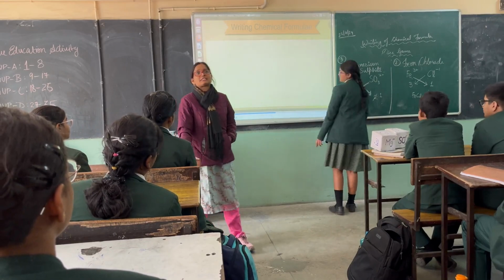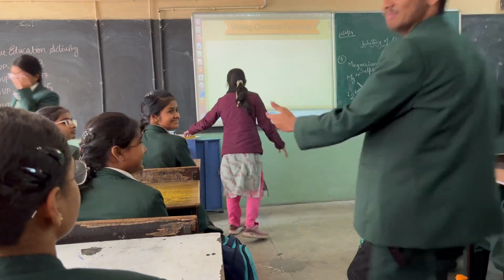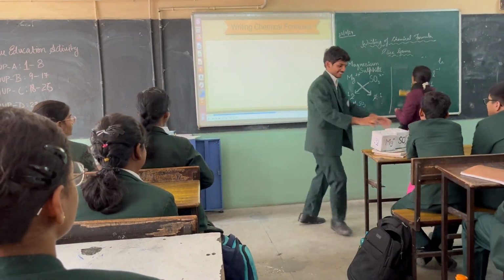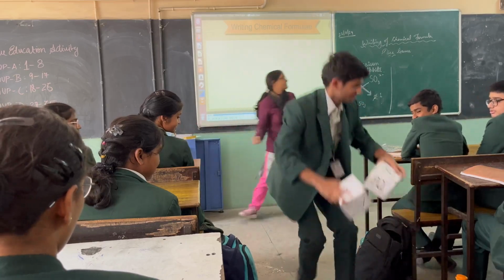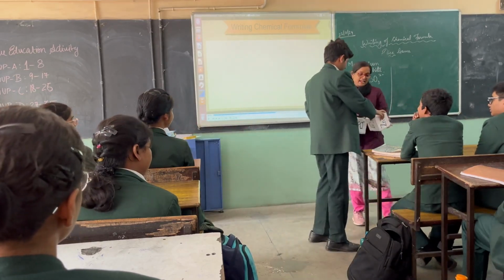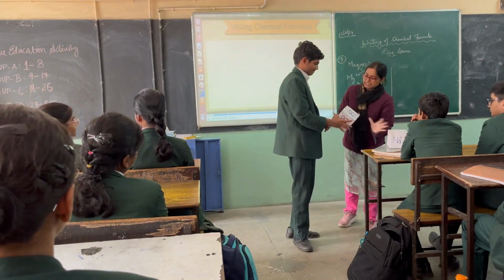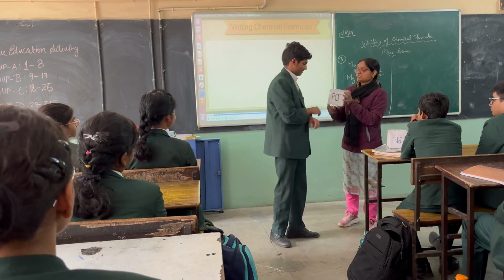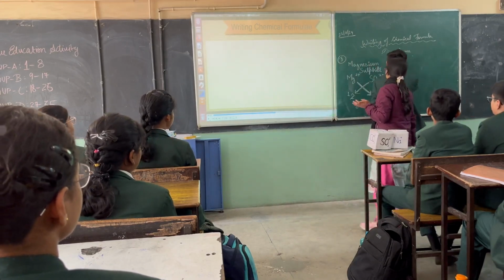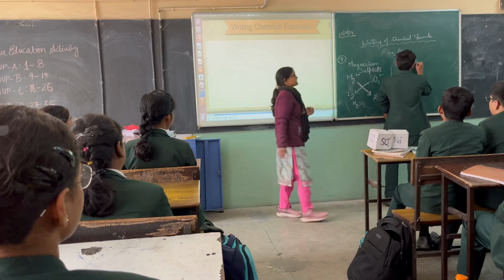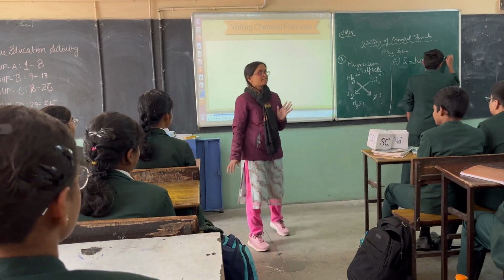Okay, who wants to come next? Yes, come, beta. Roll the dice. In the cation box, he got Na+ sodium, and in this, sulfide again. Very good. Write the name: sodium sulfide. Very good. So you learned how to write chemical formula? Yes, ma'am.